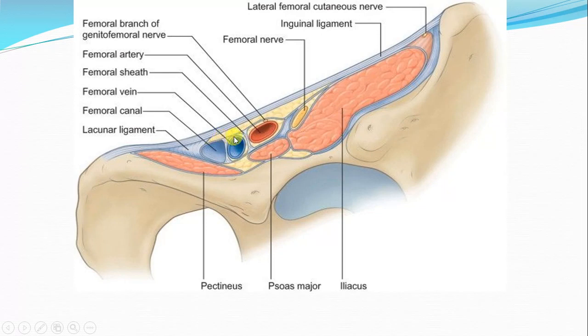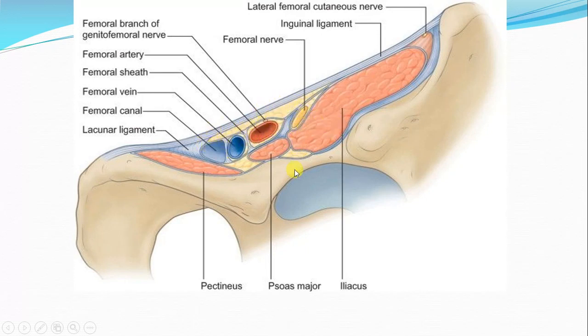Okay, so this is the femoral sheath, and here the femoral branch is given, and it is the vein. Most medial is the canal, then the vein, then the artery, then the nerve. So this diagram you should try yourself, and you should draw it yourself.